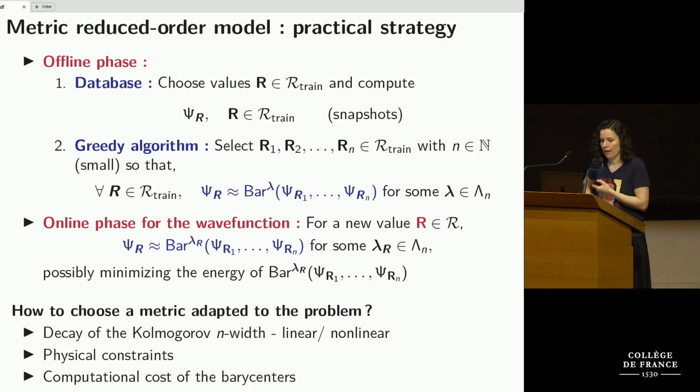But then, as I will show later, there are also physical constraints coming from the solutions to the problem, which need to be satisfied and which may be hindered by the chosen metric. And then, of course, a very important question is the computational cost of the barycenters, which may not be easy in general, because it requires solving this minimization problem.